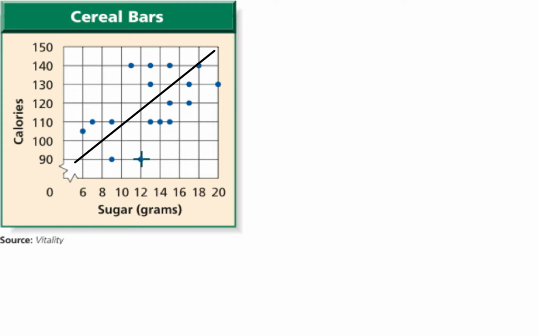That's a bit of an outlier. There's a little bit of a gap here in the middle, but not really much of one. I'd say that this right here would be a cluster. We've got 3 different cereal bars at 110 calories, and they're all right around 14 grams of sugar.